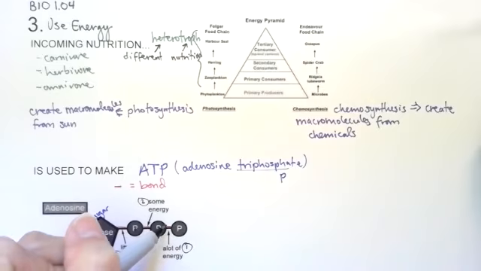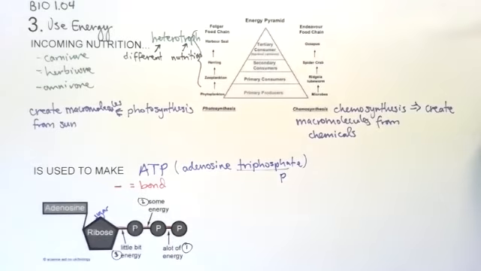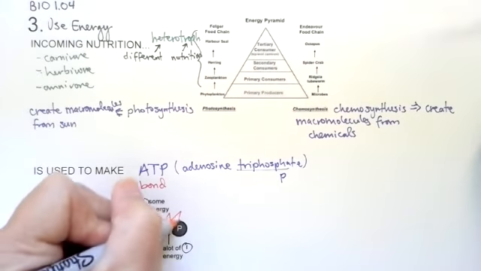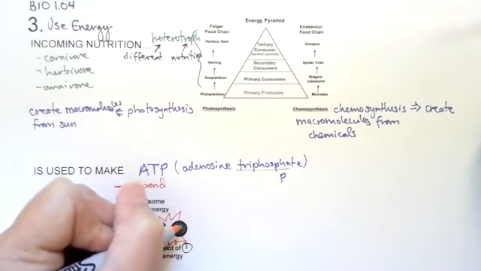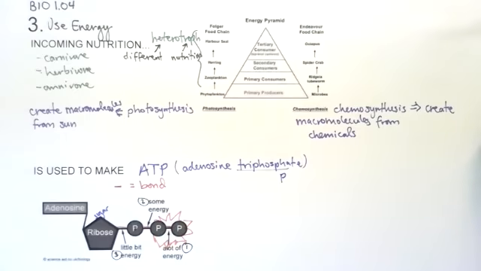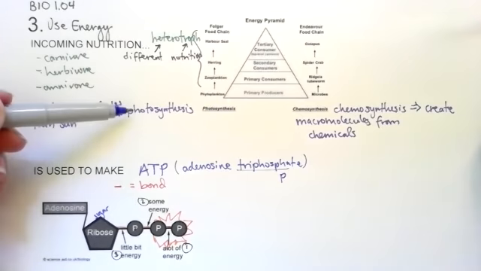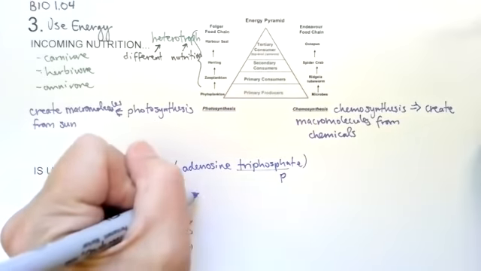When we come in here and we crack this bond, if I could reach down on the page and break this, what we would see is when I break this bond, we would get a great big crack, not literally, of course, kind of a little mini explosion, and we would release that energy. So we take in this nutrition and we turn it into ATP, which is basically, in this case, we take solar energy and turn it into chemical energy.